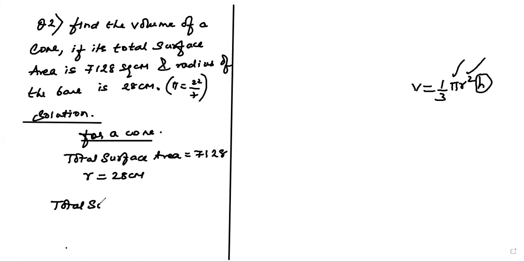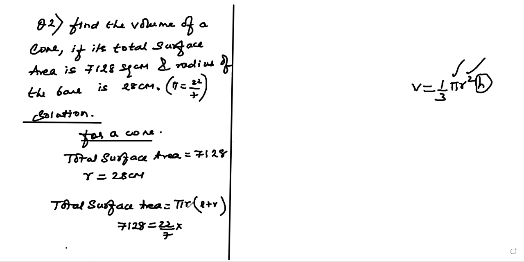Total surface area is pi R L plus pi R squared, that is pi R times L plus R. Now when I substitute the values, only one thing is unknown. 7128 equals pi, which is 22/7, into R, into L plus R.